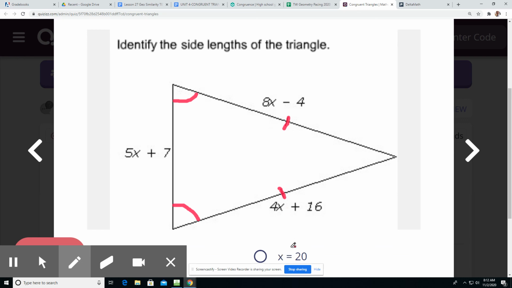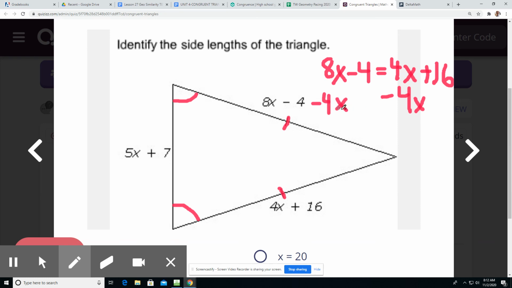And it looks like the answers are all here in terms of x. But since these sides are the same, we would just say 8x minus 4 equals 4x plus 16. And we solve here. So get all our x's to one side first, and I get 4x minus 4 equals 16.